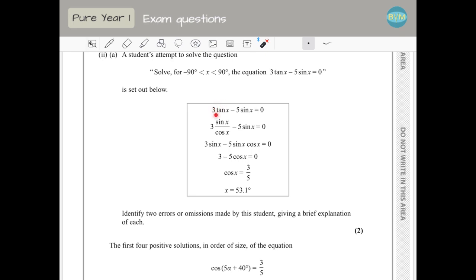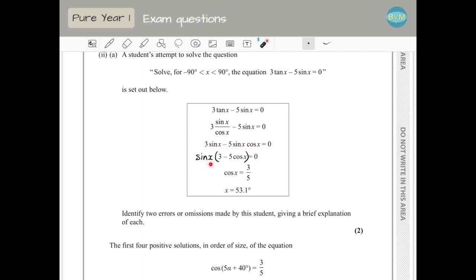He or she has written tan as sine divided by cos, then has multiplied everything by cos, and then from here to here, the student has cancelled sine. But remember, if I cancel sine, it's like if I factorize sine x, I have to consider that sine x could be 0, because that would make the equation true. 0 equals 0.